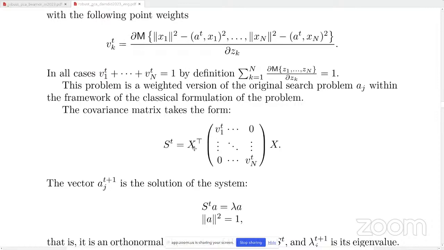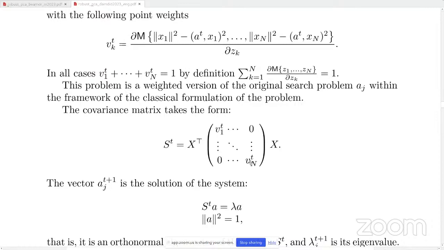They differ in that, in our case, when we calculate the covariance matrix S_t, we also use a diagonal matrix.